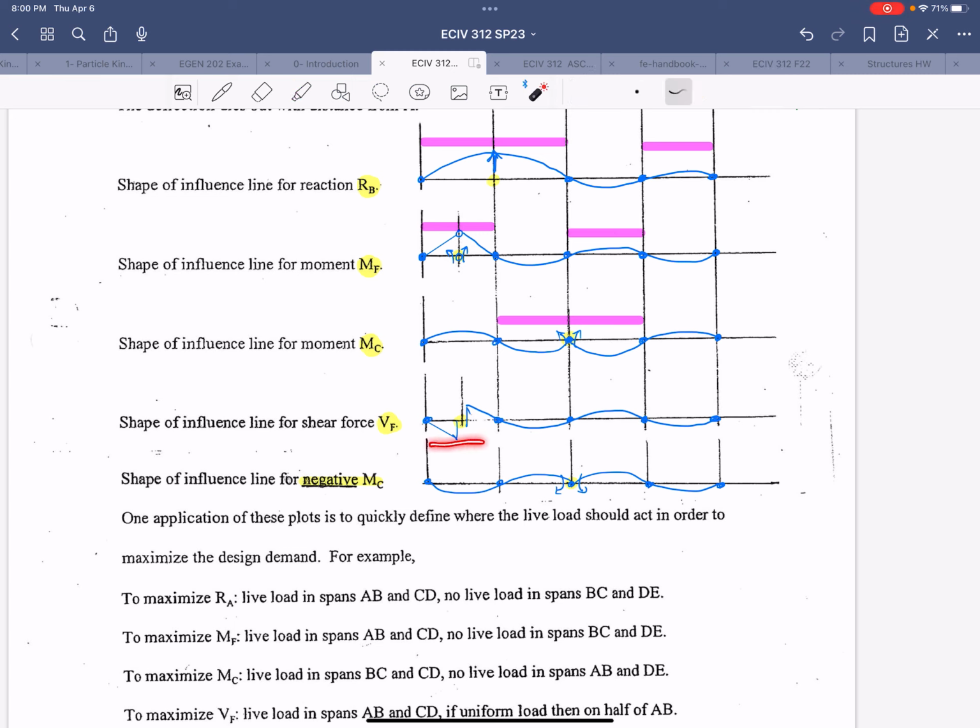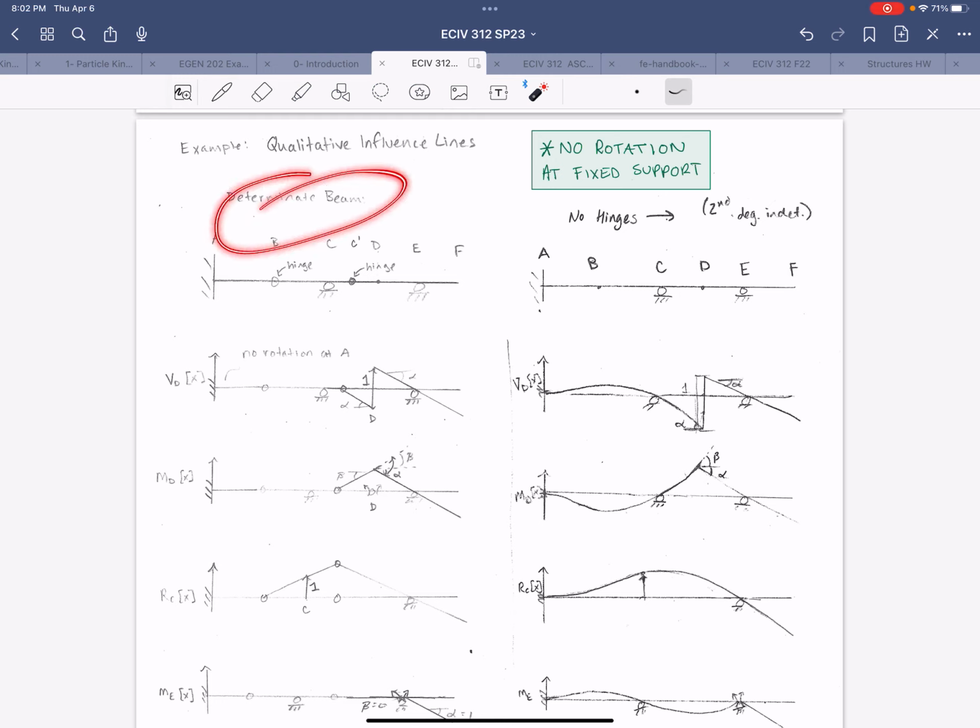Now, the last two pages, this page is a good example because it demonstrates how to draw influence lines for a lot of different responses, for a determinate beam and then an indeterminate beam with fixed supports. That's one thing we haven't really gone into yet with this method.